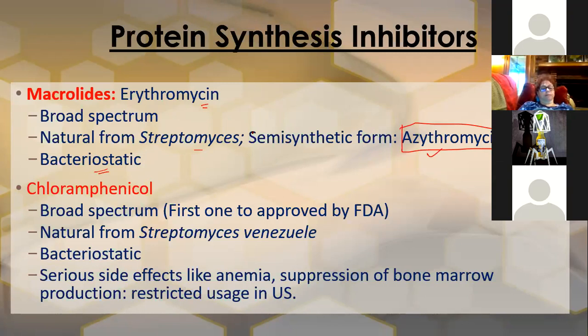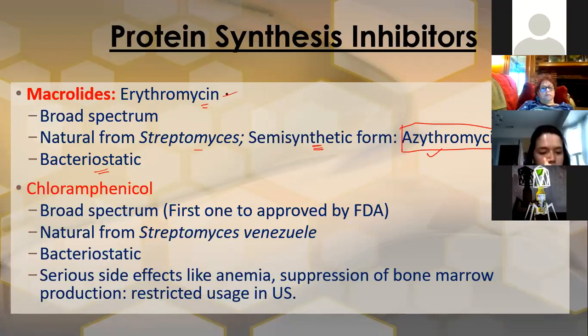Whenever you see a semi-synthetic form, it means either we are trying to reduce the dose or the effect, or the drug might have lots of side effects that we want to control, or we want to extend the spectrum from narrow to broad, to include a few more groups of bacteria. That's the purpose of making a semi-synthetic form.